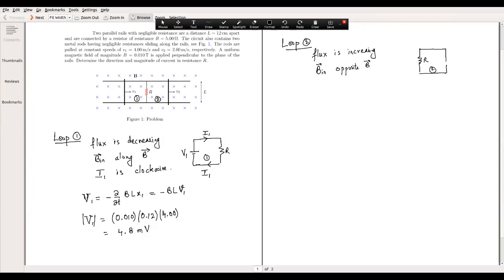That means it is coming out of the whiteboard, and that requires the current I2 to be moving in the counterclockwise direction. So I2 is counterclockwise, which requires, if we were to put an effective voltage there, this will be V2.